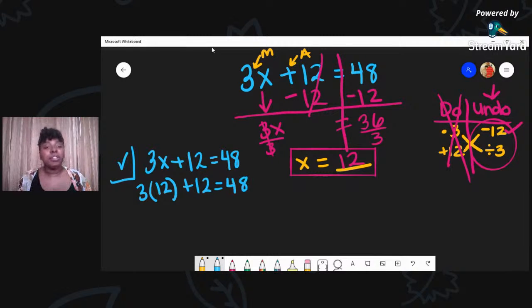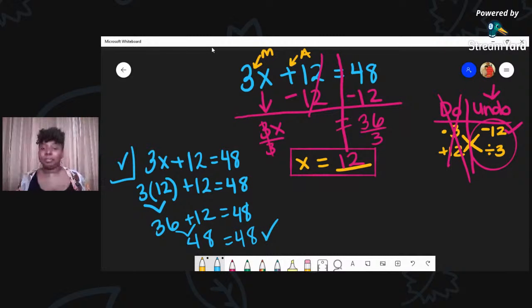All right. 3 times 12 is 36, and 36 plus 12 is 48. And so now I know that my answer, x equals 12, is correct. And I put that check there because I'm right. Okay, and so that's how you would do a two-step equation.